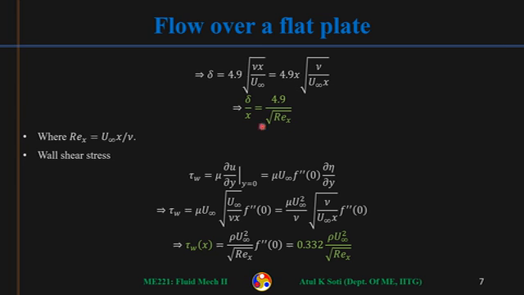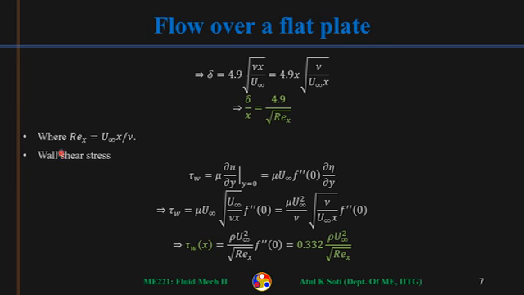So we had said that the order was 1 over square root of Re_x, but now we have figured out exactly how they are related. So instead of order, now we have figured out that constant of proportionality. Okay, and once we know this, now we can calculate other quantities of interest.